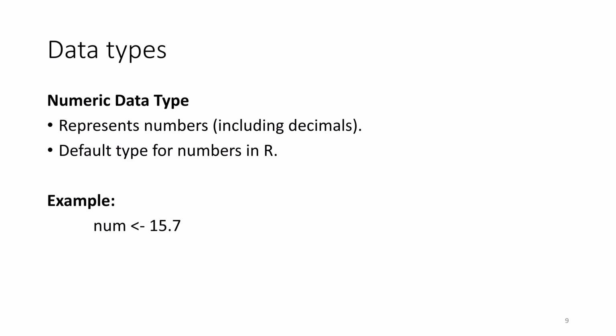The numeric data type is used to represent numbers, including decimal values. In R, numbers are stored as numeric by default. For example, if we write num = 15.7, R automatically treats 15.7 as a numeric value.